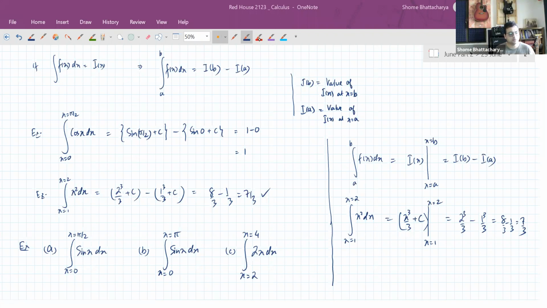Okay, so I'll just put up the answers first and I'll verify them for you. So this should be 1, right? This should be 2. Should be 12. And right now the area is not given in any unit because we are considering x as a number and not a physical quantity.